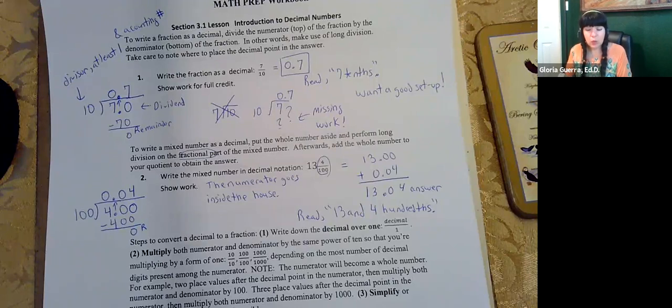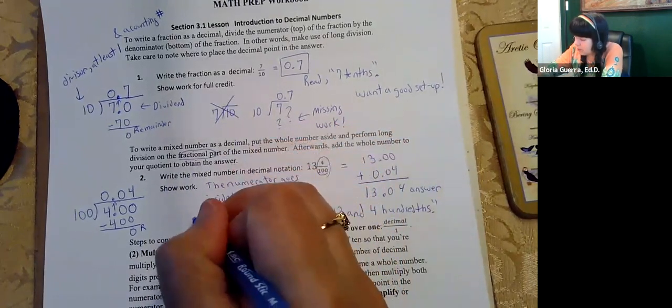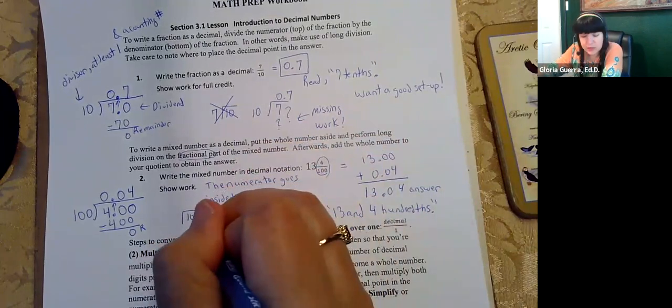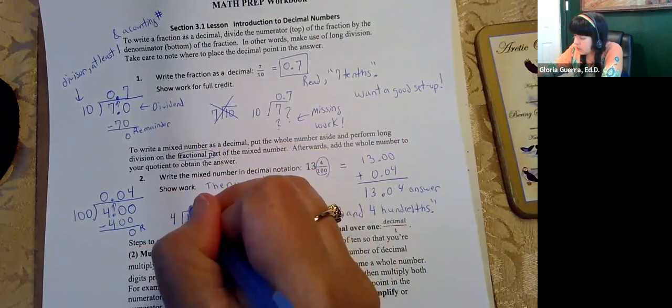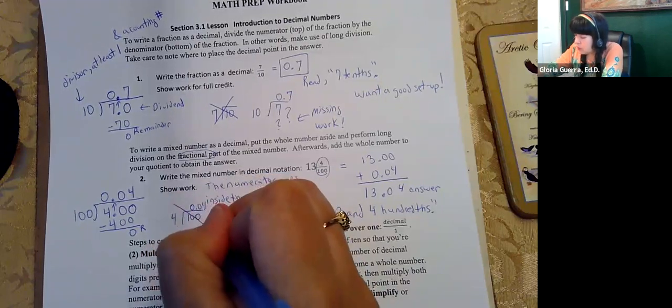And so again, to set it up wrong, it's wrong to set it up this way. To put the 100 inside the house like that, and then just write up there that that's 0.04, just using your calculator.